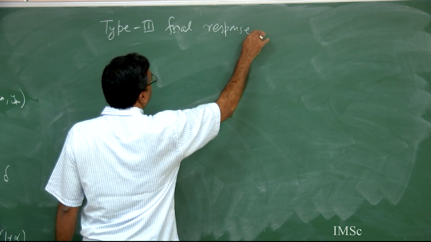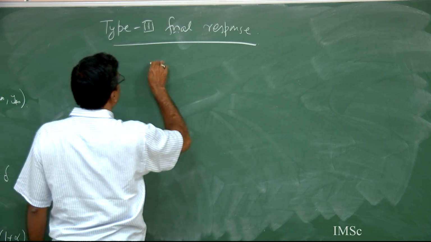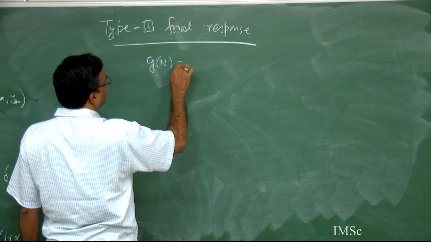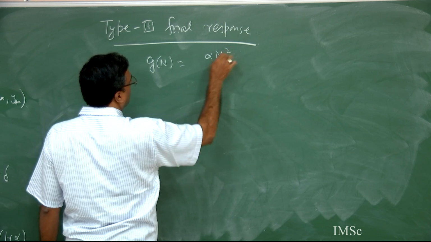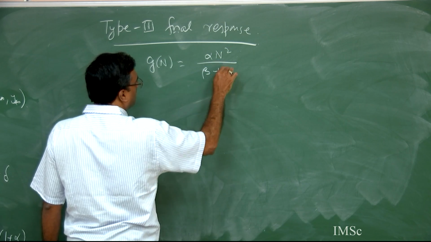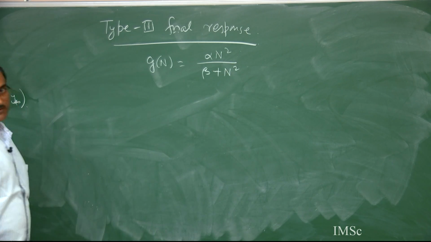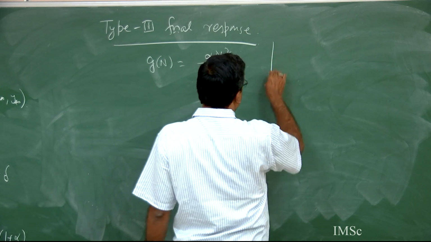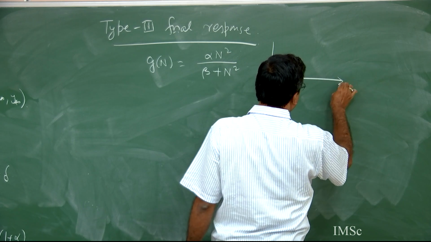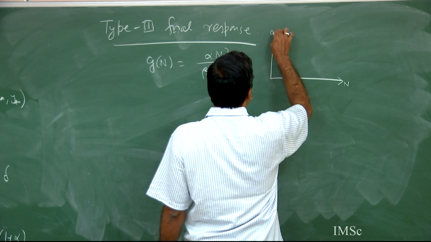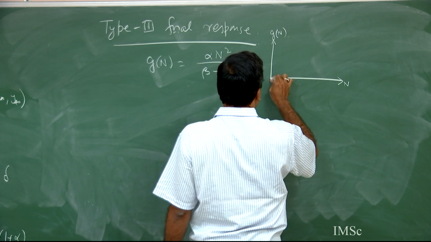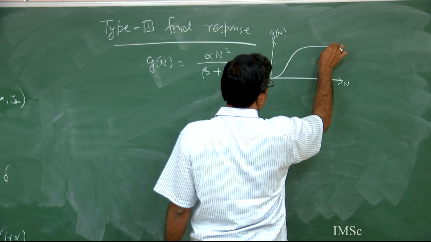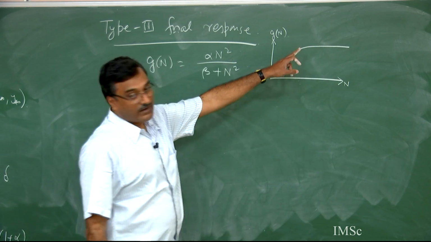This type 3 functional response is given by G(n) equal to alpha n square by beta plus n square. In this case, if you draw a sketch of this particular function G(n), then you can find that it will be a curve like this, S-shaped curve.